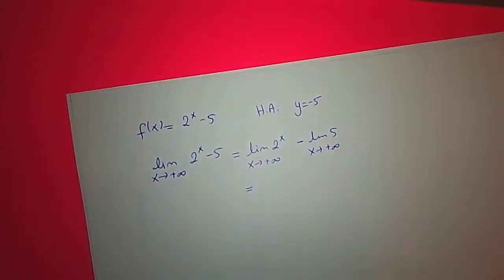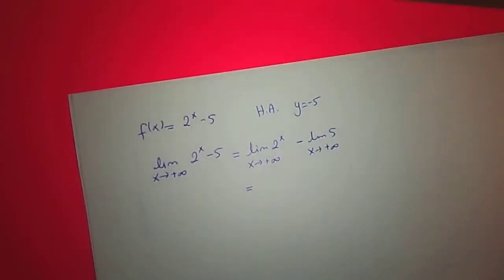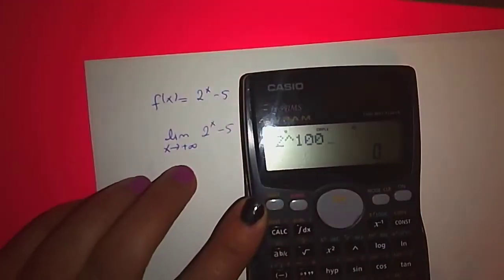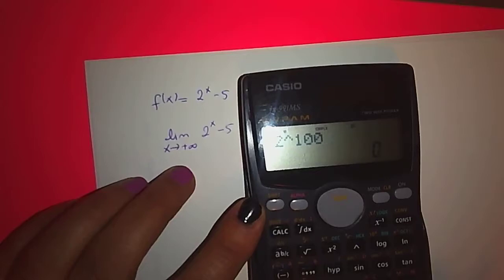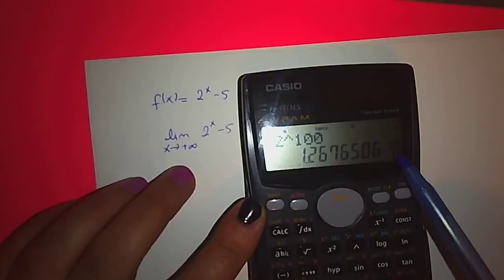So if we try it with our calculator, let's say we substitute 100 for x. It is not even a big number, but exponential functions grow so quickly that if you substitute a very big number here, the calculator cannot even calculate it. So if we have 2 to the power of 100, you get 1.26 times 10 to the power of 30.